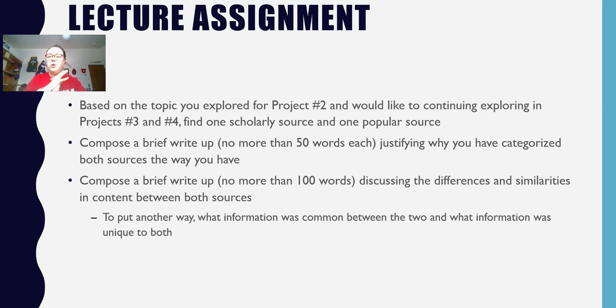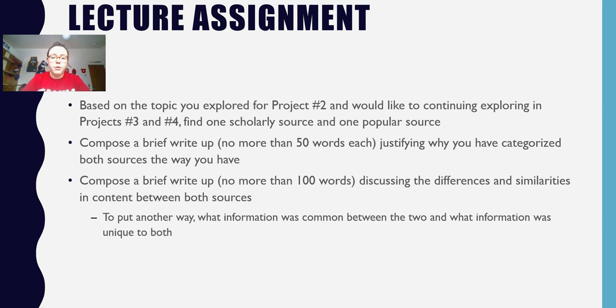Compose a brief write-up, no more than 50 words each, justifying why you have categorized both sources the way that you have. So this would be you saying, okay, I found this article from JSTOR. Here's why I think it is a scholarly article. I found this article from using Google. Here's why I think it's a popular source.